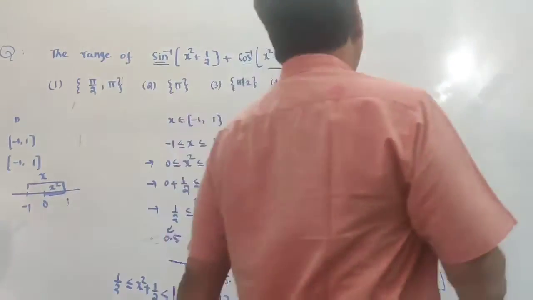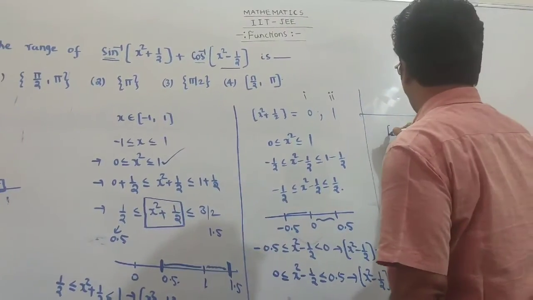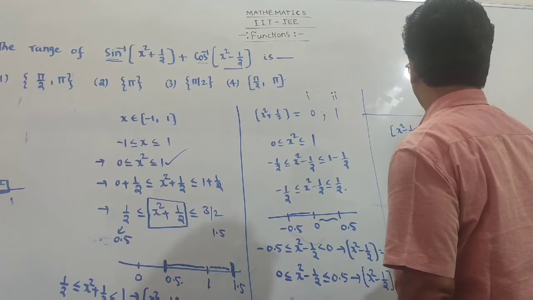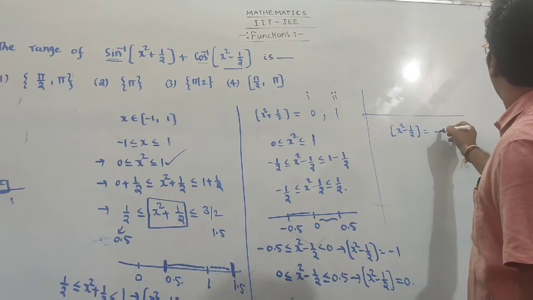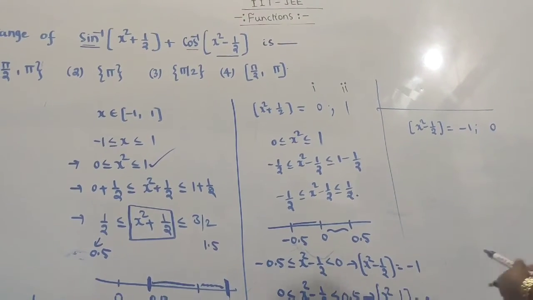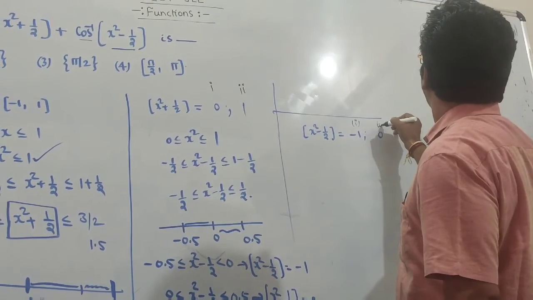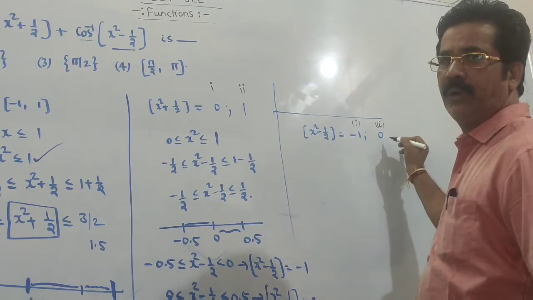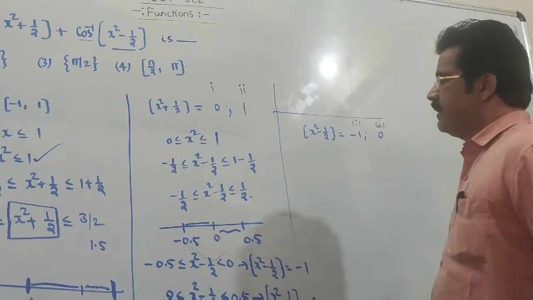Therefore, the box of x square minus 1 by 2 is either minus 1 or 0. Here the first case is minus 1 and the second case is 0, according to the graph, according to the real line.